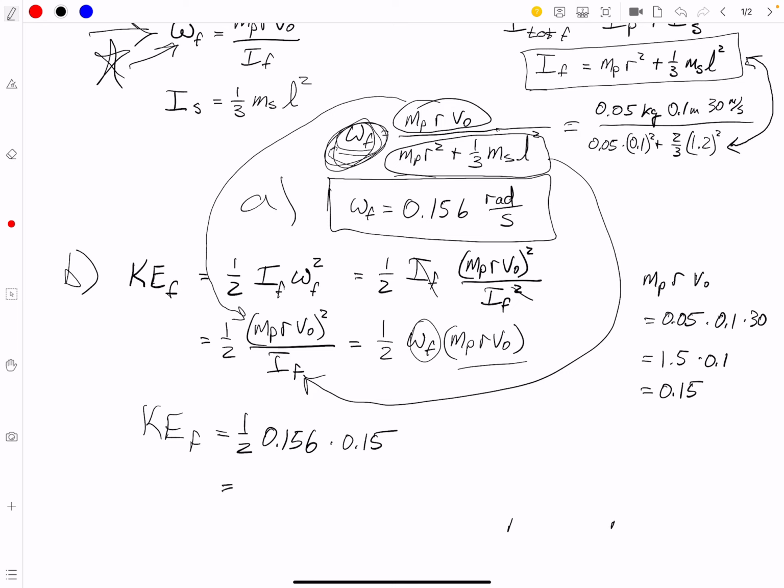And let's let her rip. Come on, computer. 0.15 times 2 divide 1.17. 1.17 times 10 to the minus 2 joules.